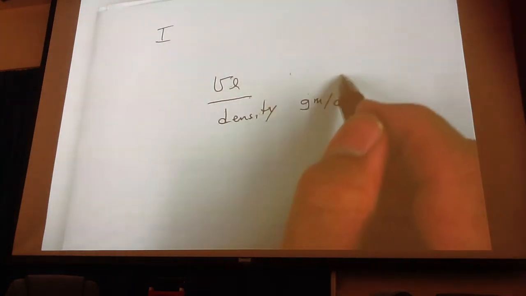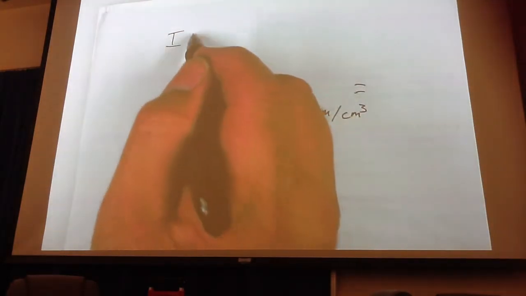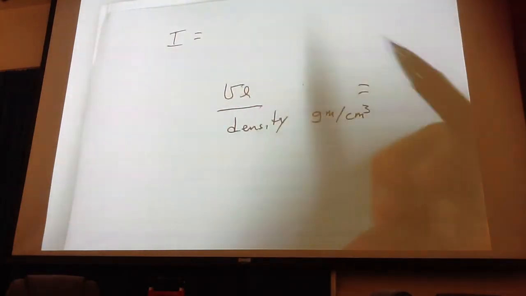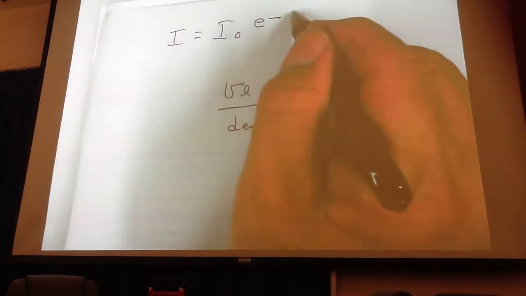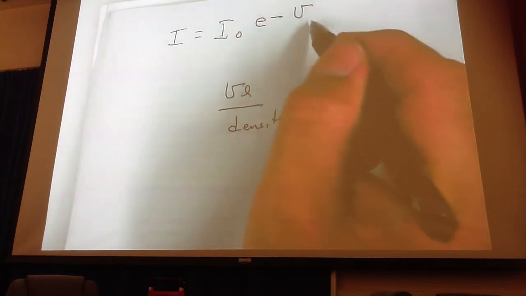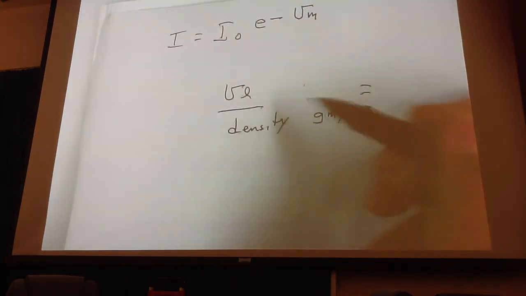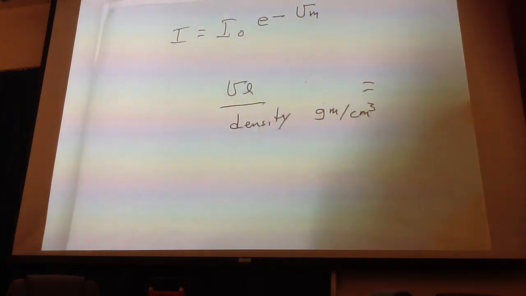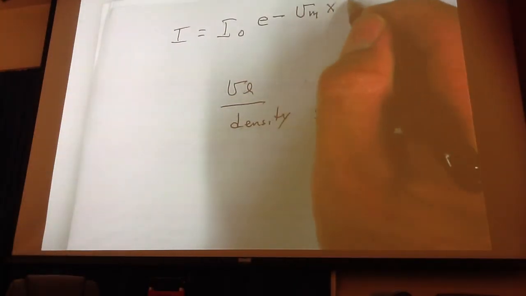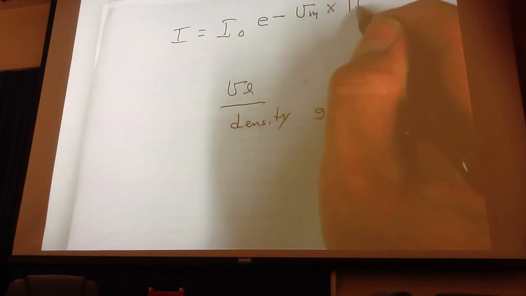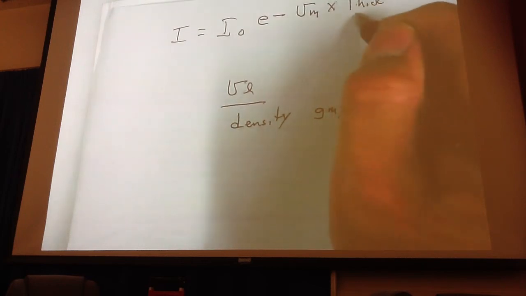And it's the same formula, except you have your original intensity, you'd have e to the minus, and instead of using a μL, you're going to use a μM. And then you multiply that by the thickness and the weight.